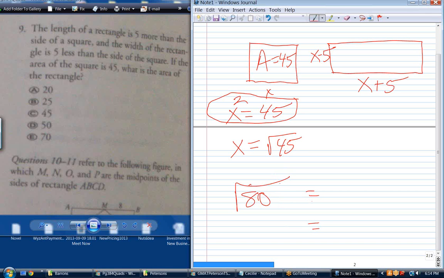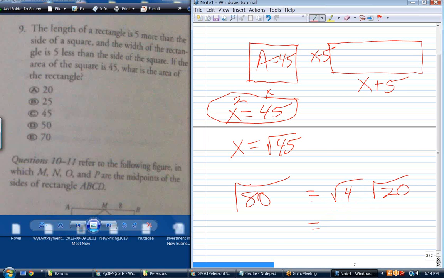What's one number that is a perfect square that's a factor of 80? Let's do it the way most people would do it, like that, because 4 is a perfect square. Oh, I'm thinking about big numbers, because 4 times 20 is 80. Well, that's okay. We'll get to that.